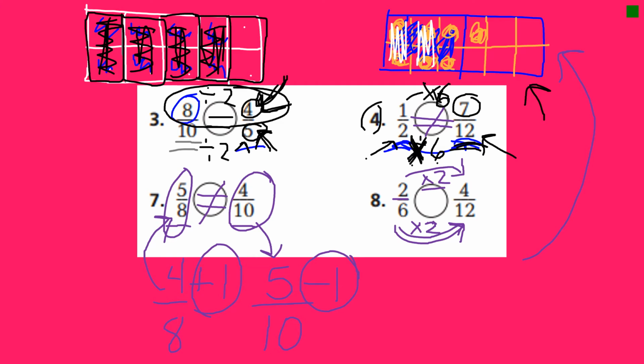And then the 4/12, let's use black, 1, 2, 3, 4. Equivalent. You guys are going to get so good at doing this, okay? It's good to start out thinking about models and all that stuff, but you guys are going to be like experts in this. All right, let's keep going.